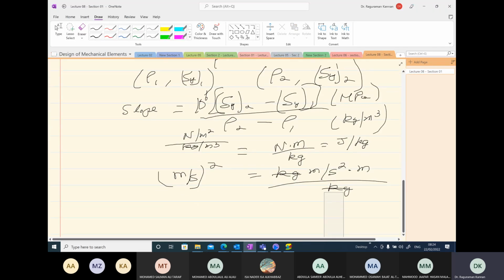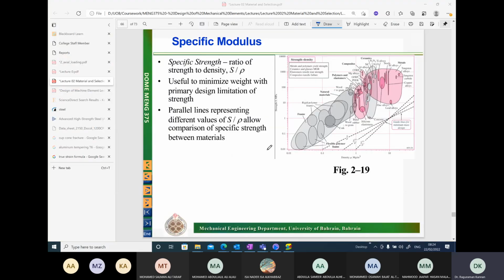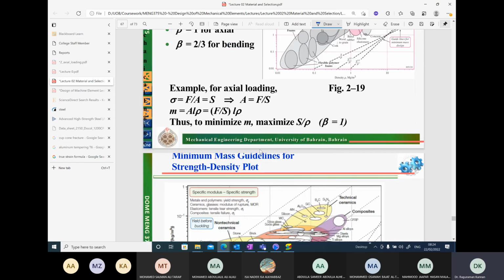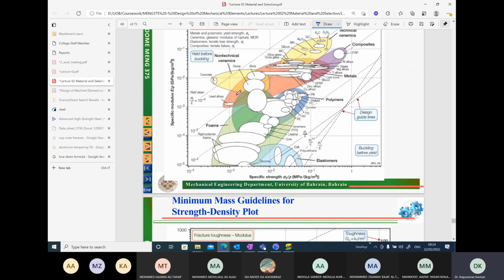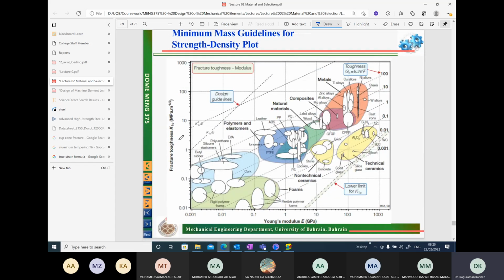All right. So we have seen one more example. There are more graphs here. For example, let's say this is E versus rho. We have seen fracture toughness versus Young's modulus.